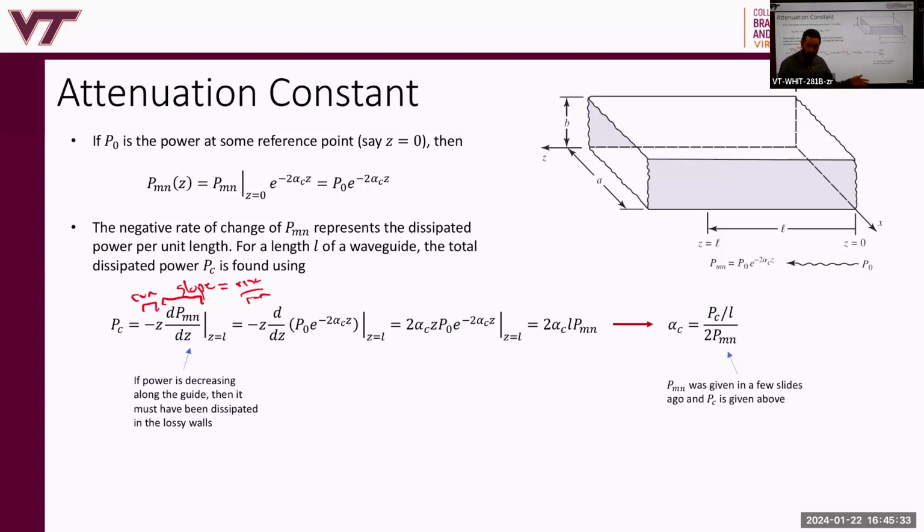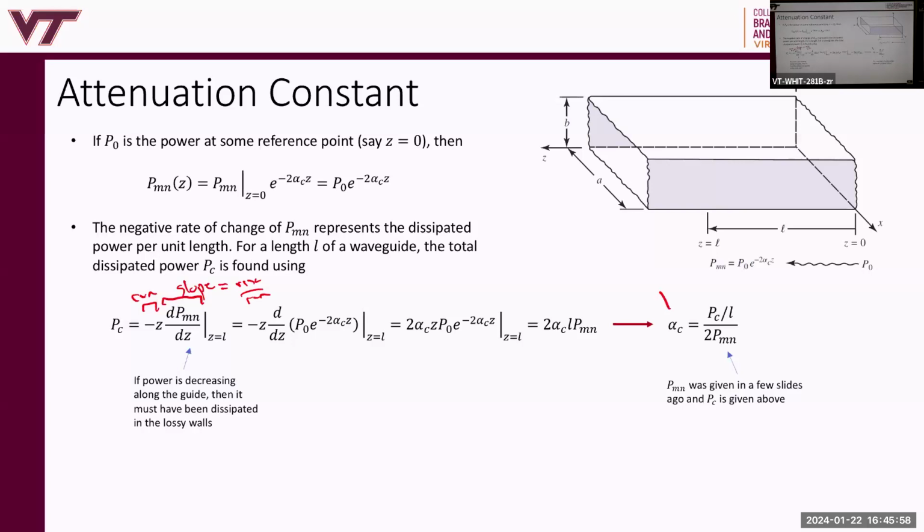You would model those walls with the surface impedance instead of trying to resolve the skin effect, because then the field decays so fast, the skin depth is nanometers, and you have to put so many tetrahedra in your metal. So you uncheck the box that says solve inside, and you just put a surface impedance there. Much more efficient.